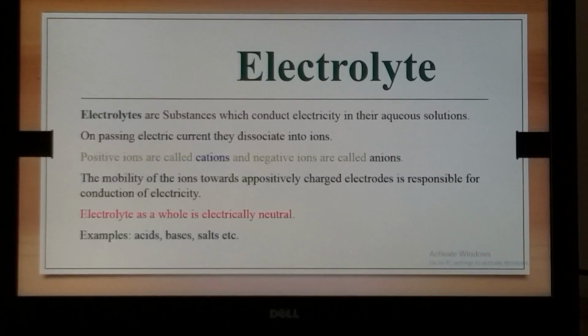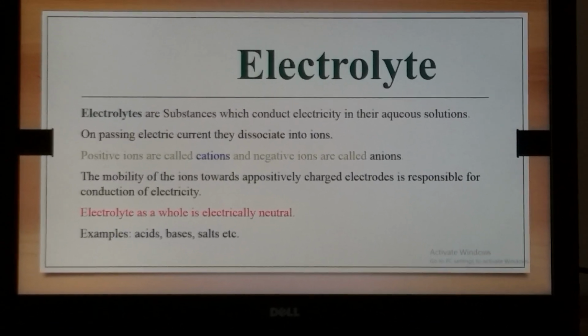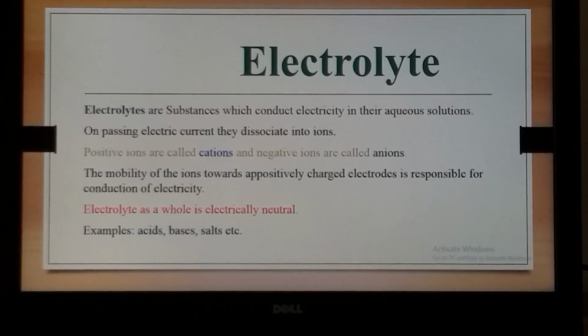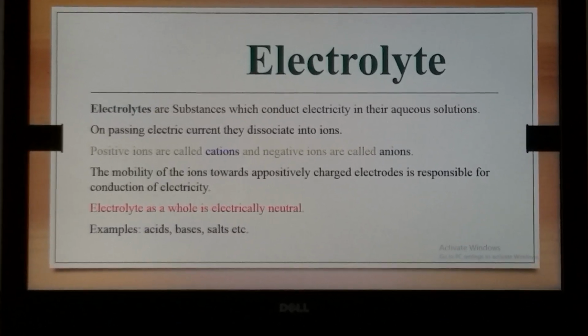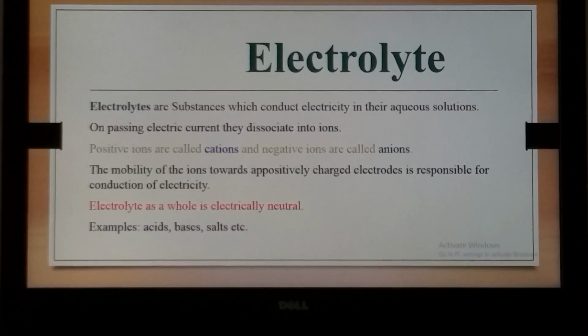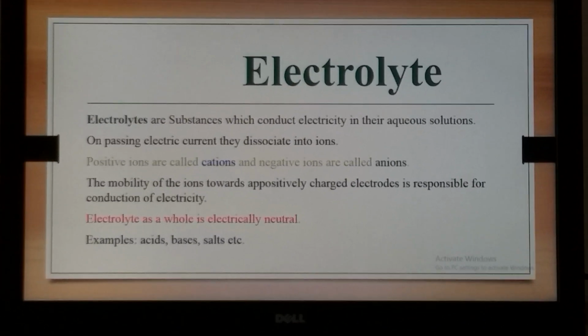However, the electrolyte as a whole is electrically neutral. The examples of electrolytes are common.